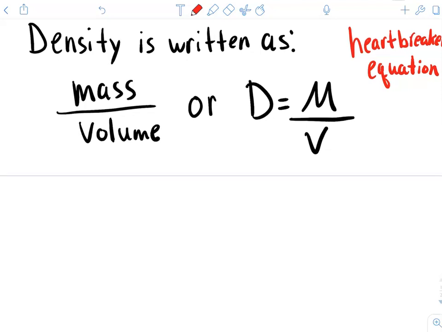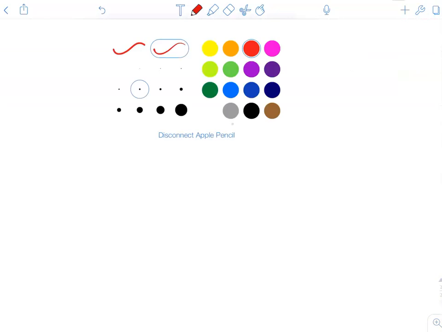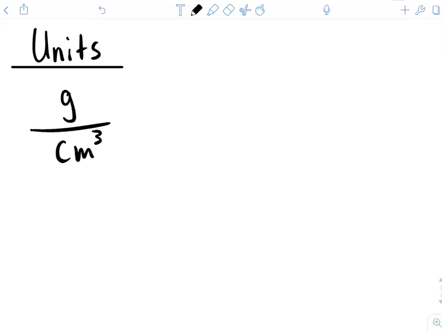Now, there are several different units that you can use for your mass as well as for your volume. So that means that you're going to have different units for your density. So you could see grams per centimeter cubed, meaning that grams is your mass and centimeter cubed is your volume.